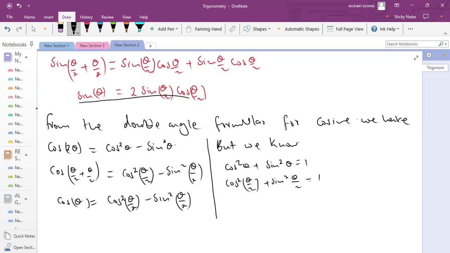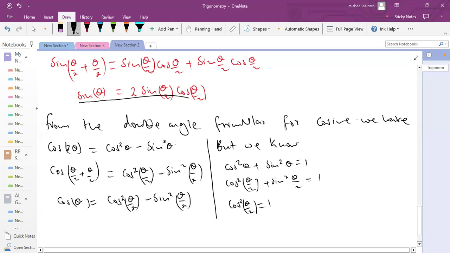If you call theta over 2 an A, then we have cos squared A plus sin squared A is equal to 1. So from that relation, cos squared theta over 2 is equal to 1 minus sin squared theta over 2. And so we want to substitute.